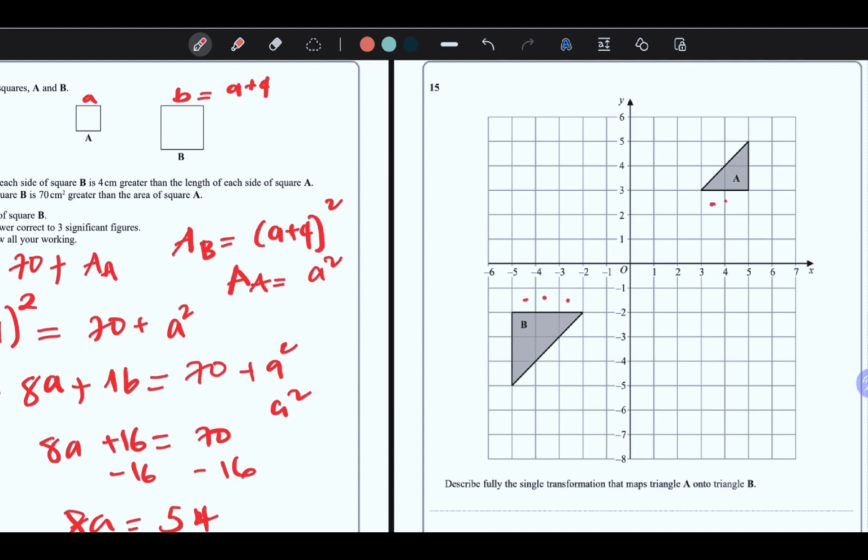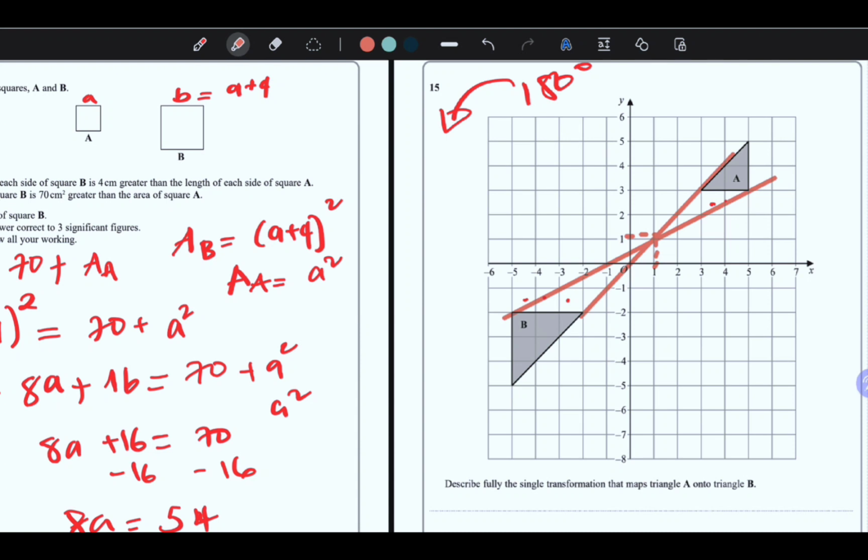It has been rotated 180 degrees anti-clockwise, but we don't know about which point. So to identify that, we're just going to link up the different points together so that we can get the center of rotation, and that's going to give us (1, 1).